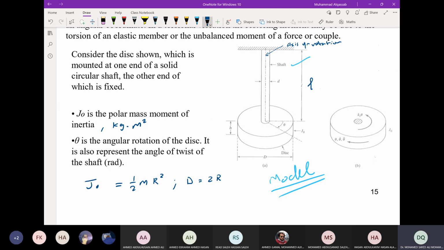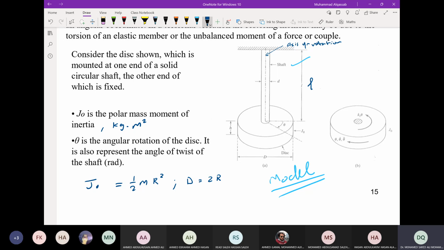For a uniform disk as shown here, with a uniform height h and a diameter d, you can find the mass from the volume, and if you know the density, you can find the mass from density and volume. Or if the mass is just given, then you can use the mass. It is half m r squared.